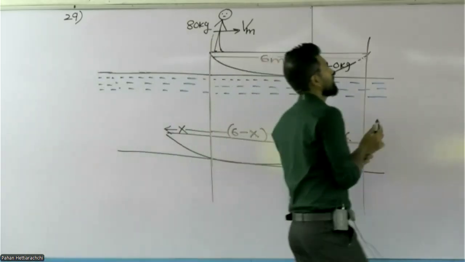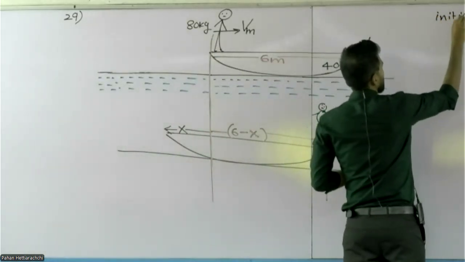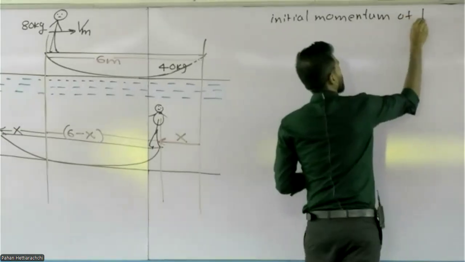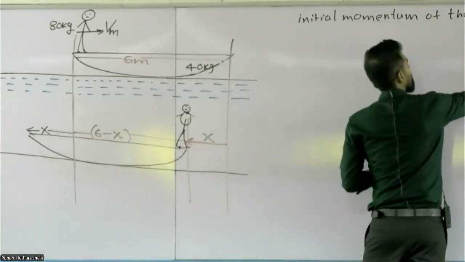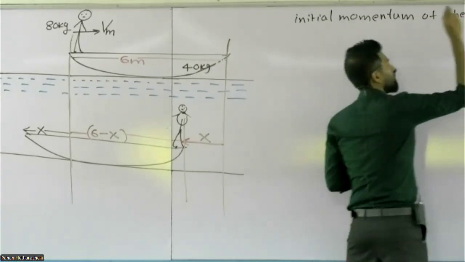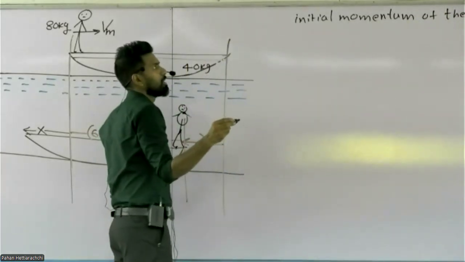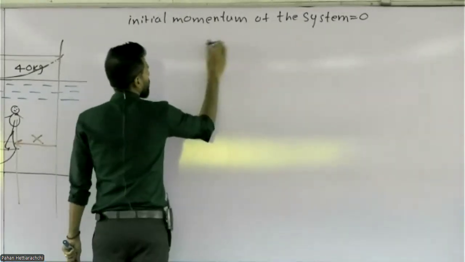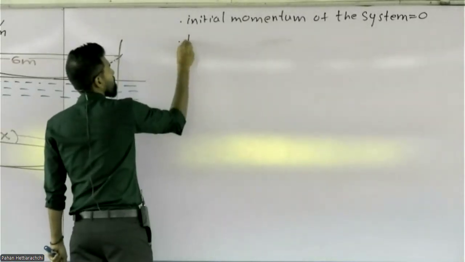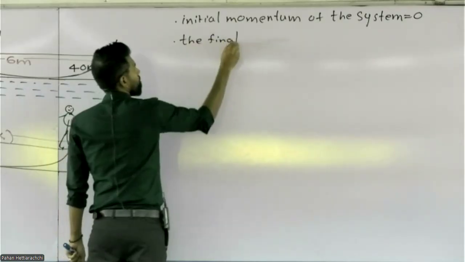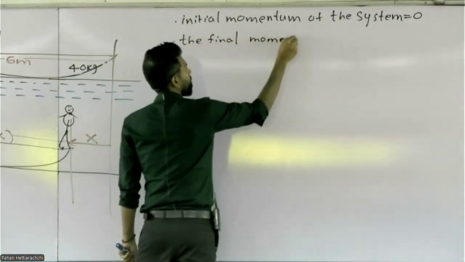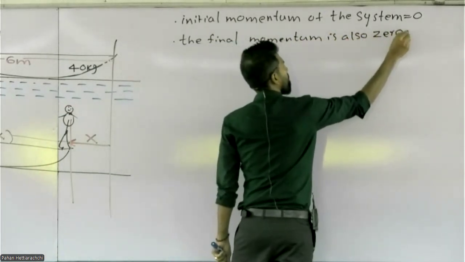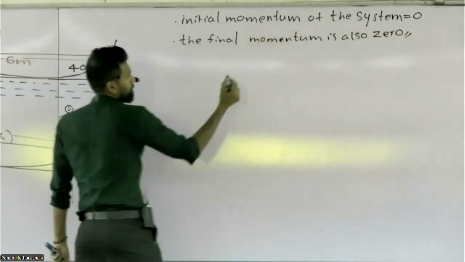Okay. Initial momentum of the system is 0. If the initial momentum of the system is 0, the final momentum should also become 0. So the final momentum is also 0.